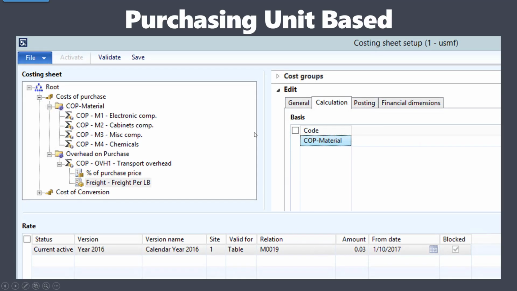And this is how that then looks within the actual costing sheet. You can see freight, and in this case, I've got, and remember, I can do it for table, all, or individual. And this is saying for this particular item, it's 3 cents per pound.